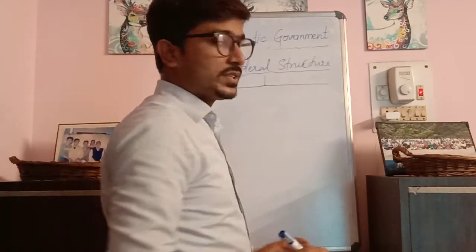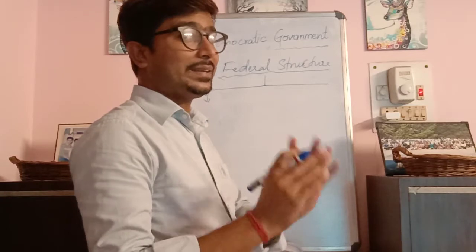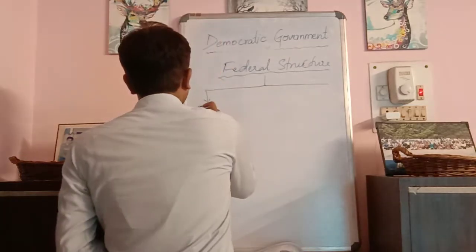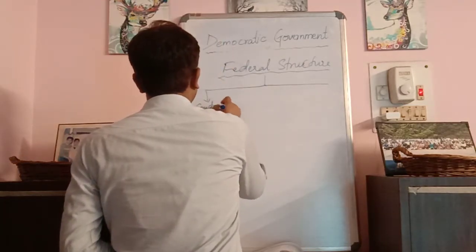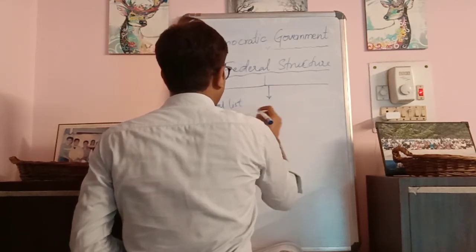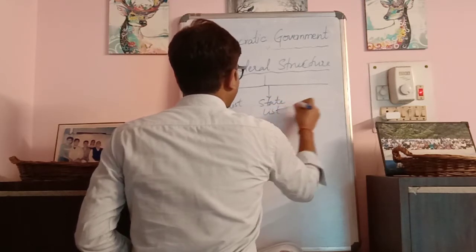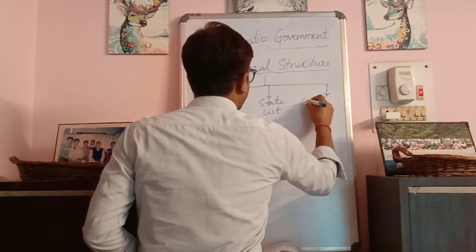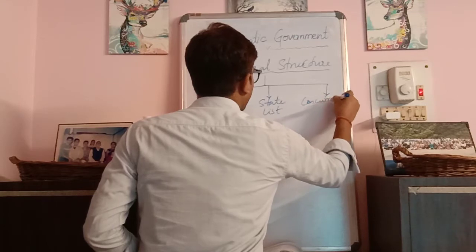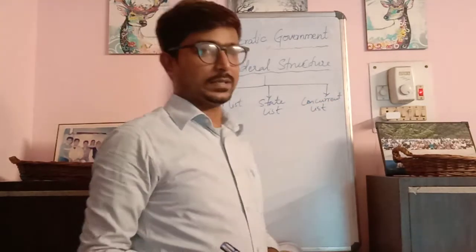So according to this federal structure system, the powers are divided into three important forms, or you can see them as lists. One is known as the central list, the second one is known as the state list, and the third one is known as the concurrent list.